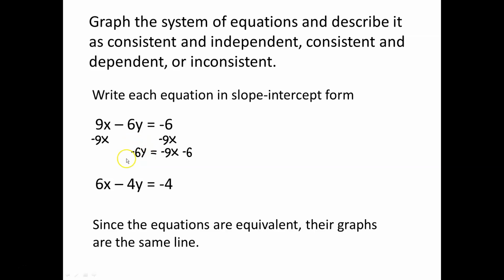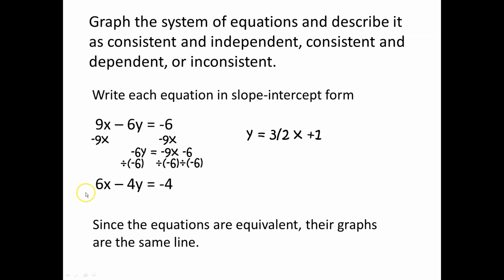We need that y all by itself, and that negative 6 is stuck to it, so we need to divide everything by negative 6, and that gives us y equals 3/2 x plus 1. 9, 6 we have over here, 9 on the top, 6 on the bottom. 3 goes into 9 3 times, 3 goes into 6 twice.